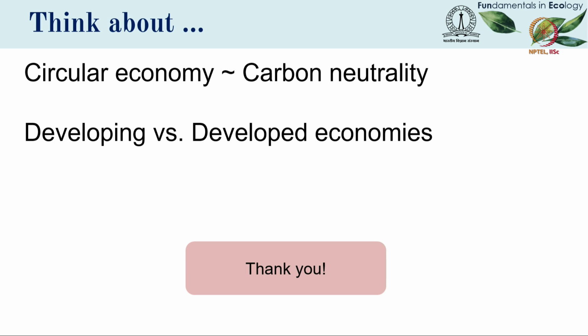Also maybe look up efforts related to carbon neutrality: how to make industry carbon neutral, how to make economies carbon neutral, how to make countries carbon neutral. The efforts can start at an individual level, at the level of your family, your community, the state, the nation, or the world as a whole. For instance, changing the yellow filament bulb, the one that Edison invented, to the modern LED ones is a big step towards reducing everybody's carbon footprint.